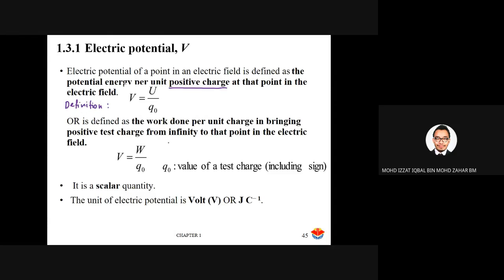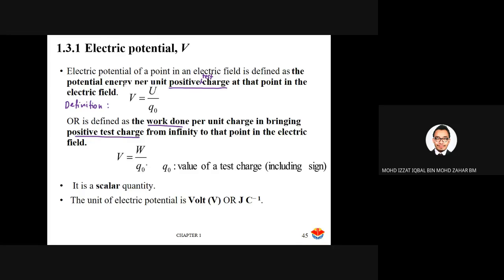So sebab tu kalau kamu nampak kat sini dia sebut pasal work dan positive test charge. Yang ni dah disebut positive test charge kat atas, tak sebut kat test, so saya letak. From infinity to that point in the electric field.